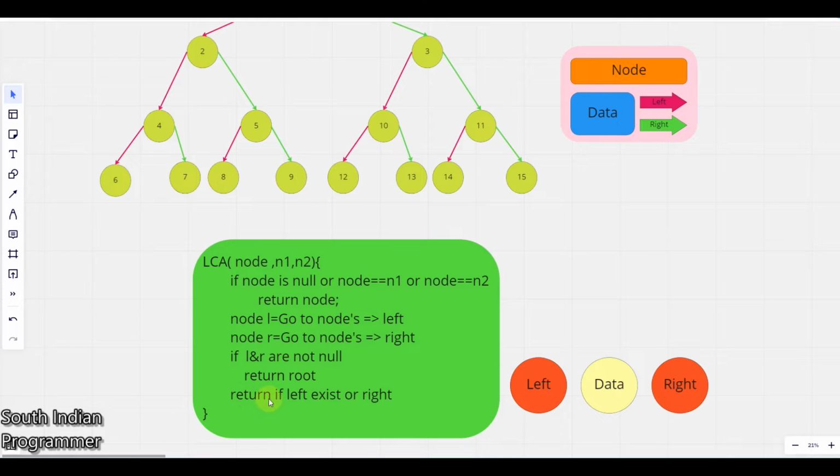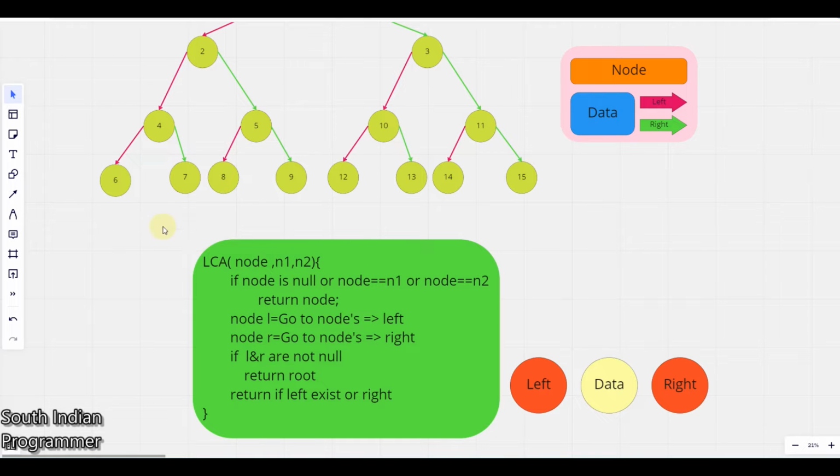This condition returns the left if it exists, or the right. When you can find one node but the other node is not there, nowhere in the tree, it means you couldn't find that node and it returns only null. By that time you have to print only this 6, because that node is not found throughout the tree.